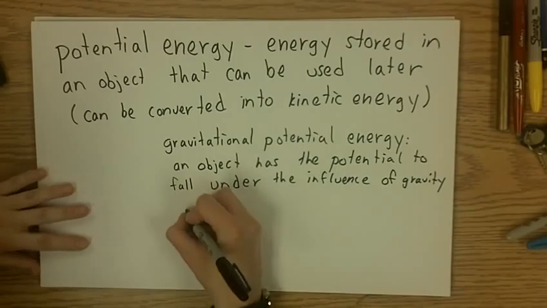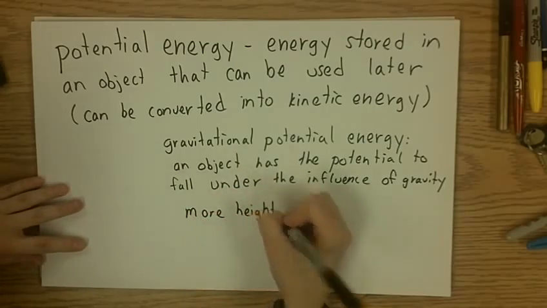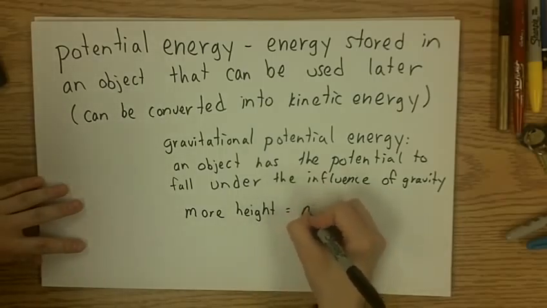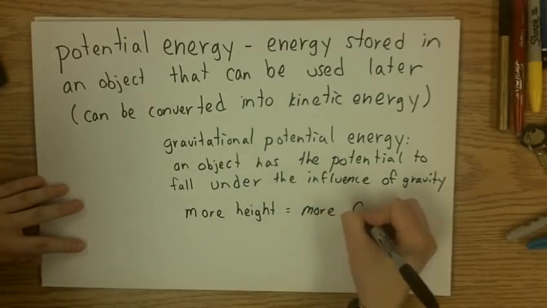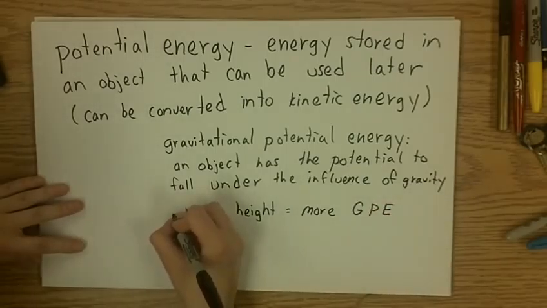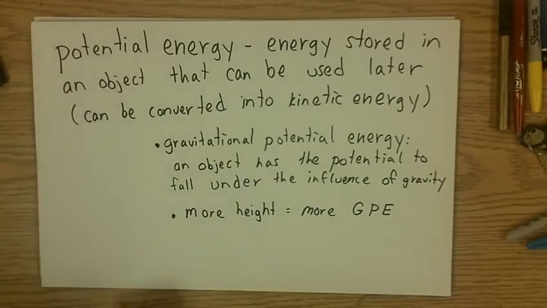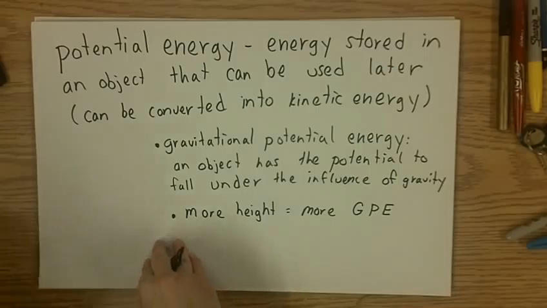The more height an object has off the ground, the more gravitational potential energy it also has. So the higher an object is, the more gravitational potential energy it has.